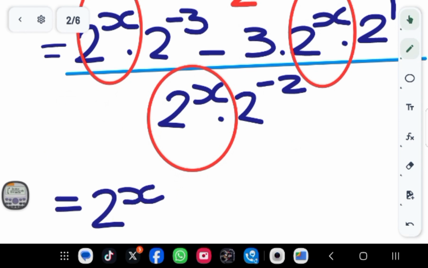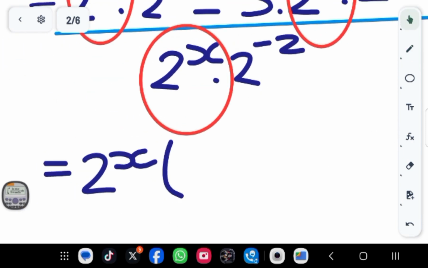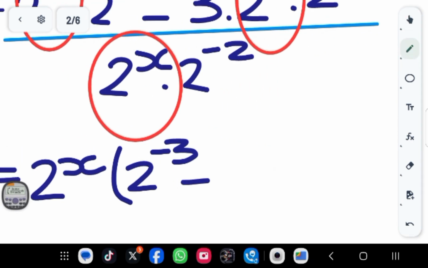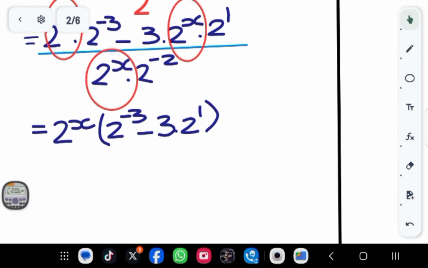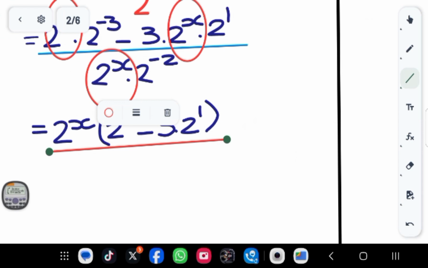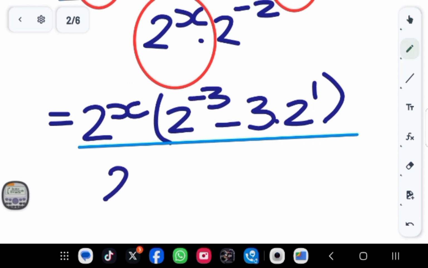We take out that common factor and that leaves us with, the first one, 2 to the negative 3, minus 3 times 2 to the power of 1, or just simply 2, all over 2 to the power of x times 2 to the power of negative 2.